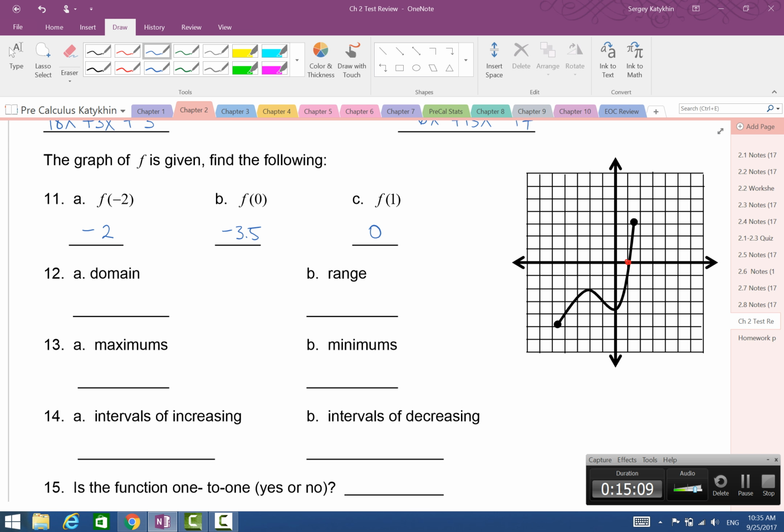Now the domain, if you recall, represents the x values. So I have to ask myself, where does this function go from on the x-axis? Notice it starts over here and goes all the way to about there. So my function should be in between those yellow lines. The yellow highlighted area is where my x's go from left to right.